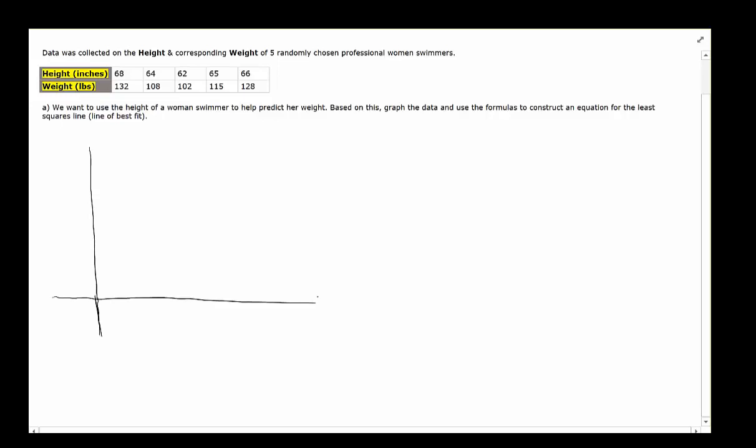Notice that both the height and weight values are positive. So we're basically in quadrant 1. We're going to call height our X variable, and our Y variable is weight. Now the X variable has values 68, 64, 62, 65, and 66.